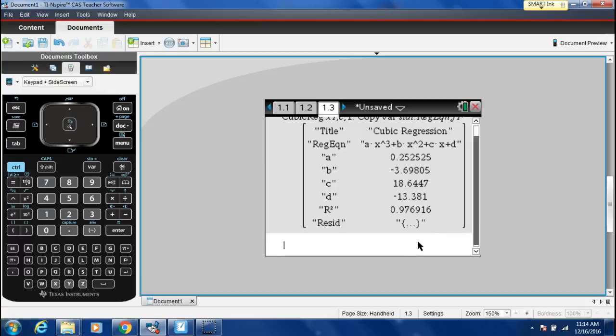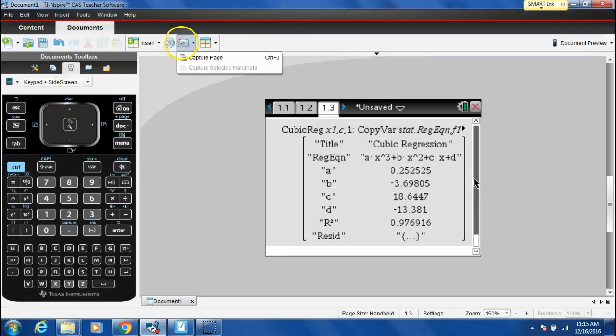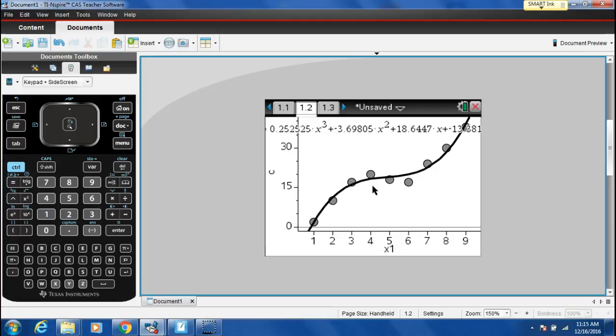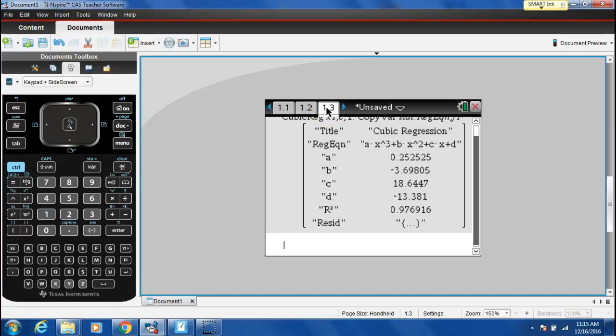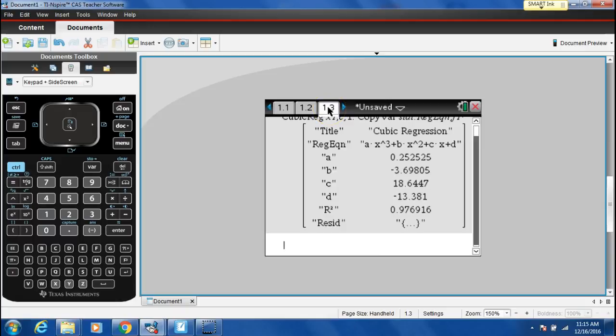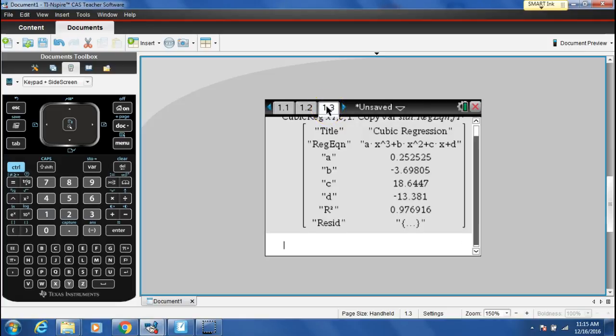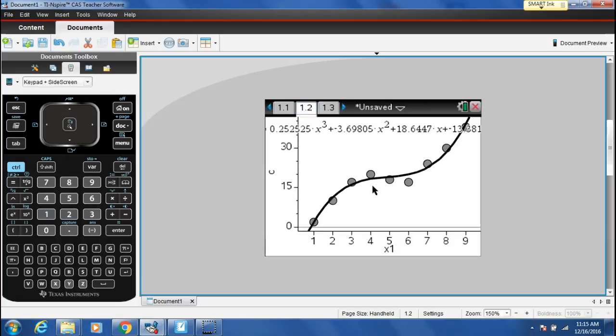So this just got dropped. This is my cubic, and it just got dropped into F sub 1. Okay? And it's the same thing. If you look, an A value of 0.252525, a B value of negative 3.69805, a C value of 18.6447, a D value of negative 13.81.